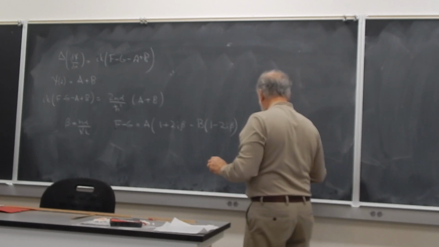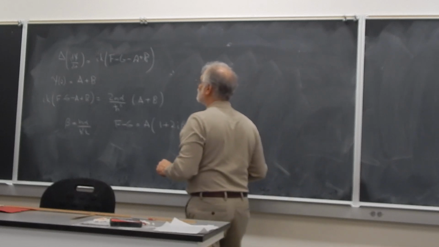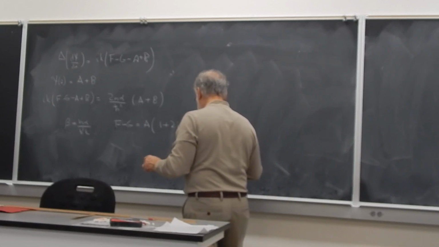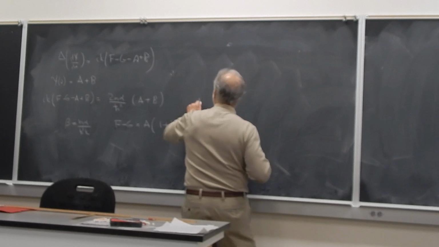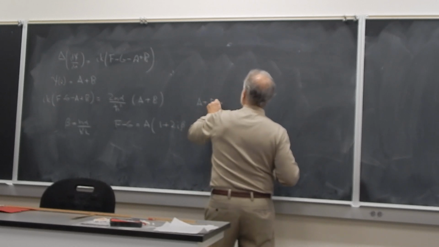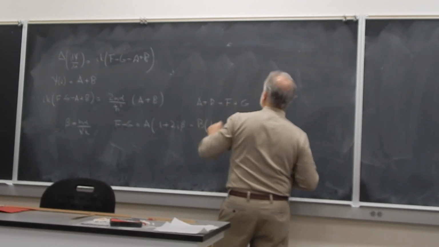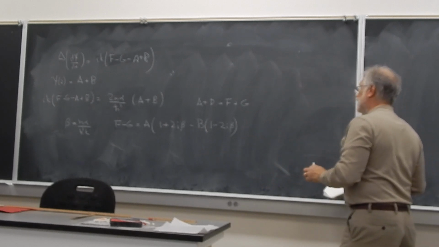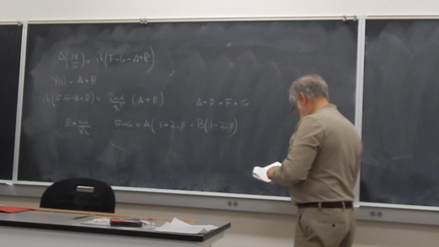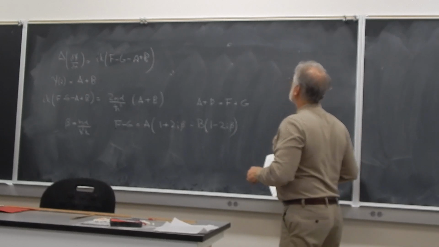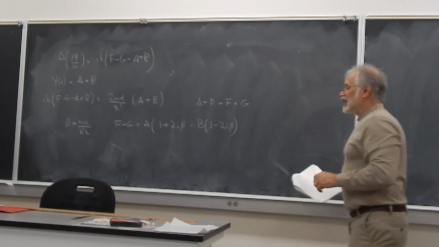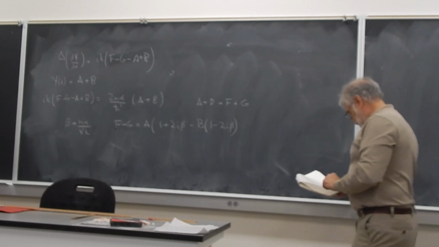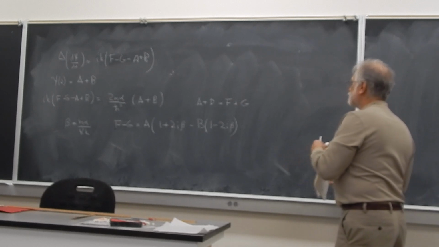If we combine that with the equation a plus b is equal to f plus g, from where we match the solutions at 0, we're going to have 2 equations and 5 unknowns. Okay, that sounds like a problem. What we have to do then is examine the solutions a little bit more carefully.